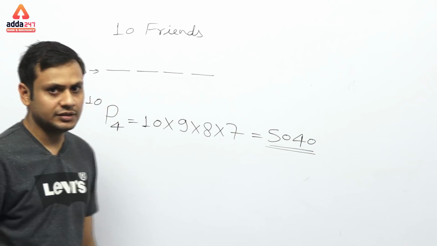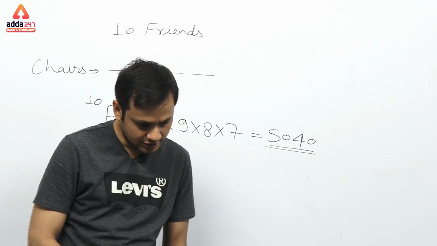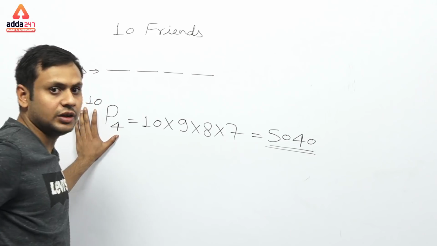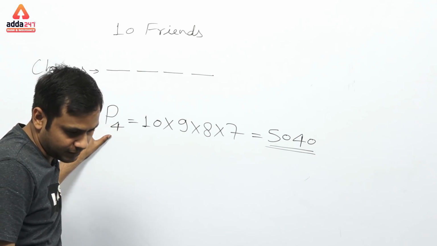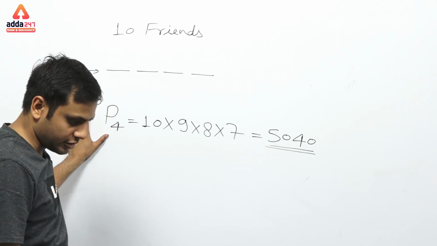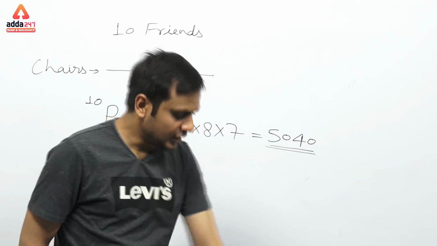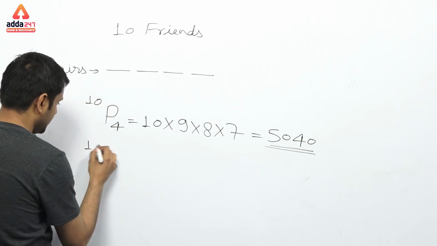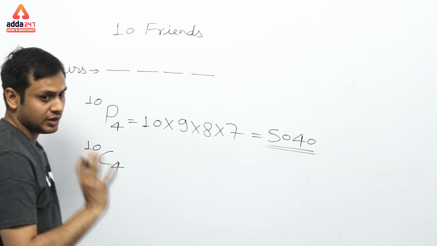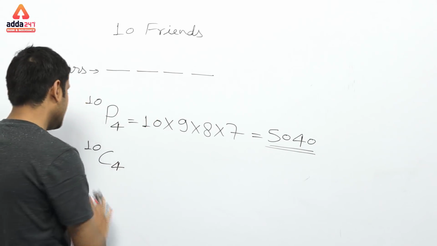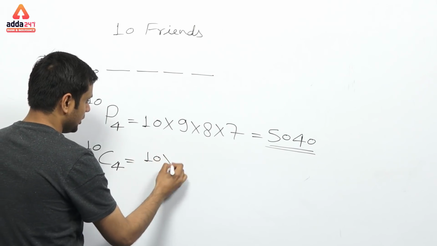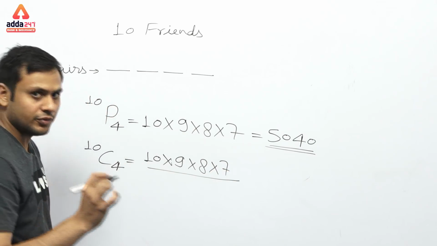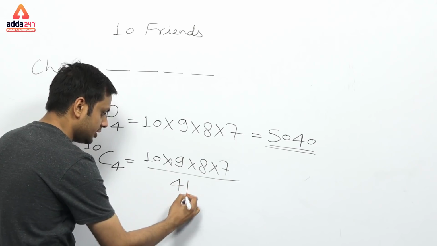That is the difference between NCR and NPR, and the direct way to find the value of NPR. Now, if we need to find the value of 10C4, had the question been in how many ways can these friends be selected, it will simply be NPR divided by the number of ways of arrangement, which is 4 factorial, isn't it?